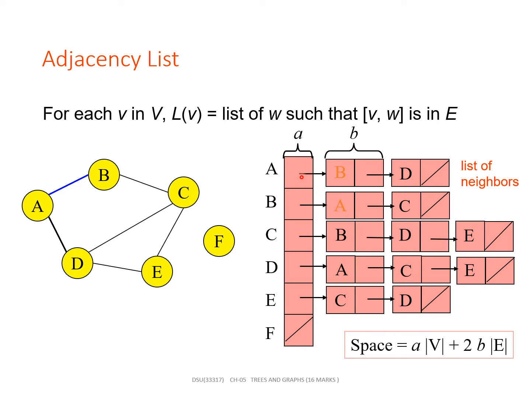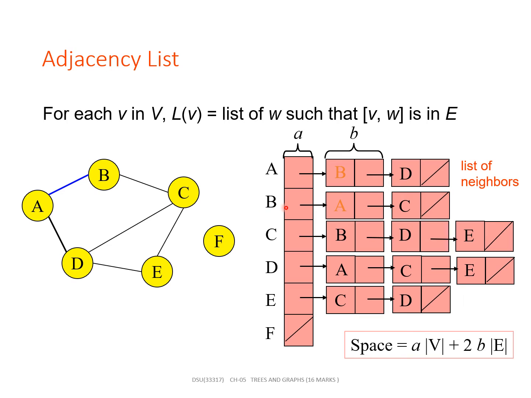According to that matrix or this diagram, we can draw A to B and A to D. So these are the two linked list nodes.